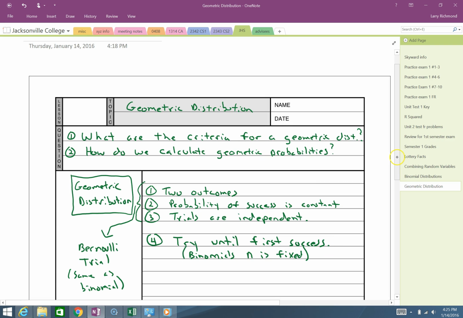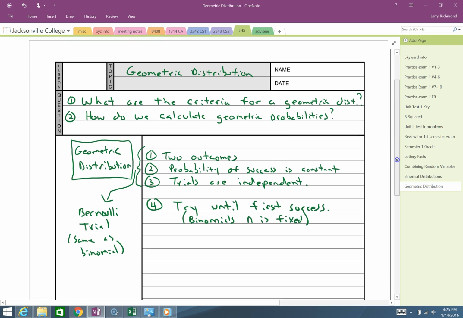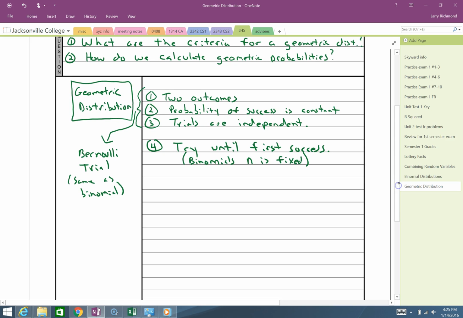So with our geometric, we will try until our first success, unlike our binomials, where n is fixed before we begin.